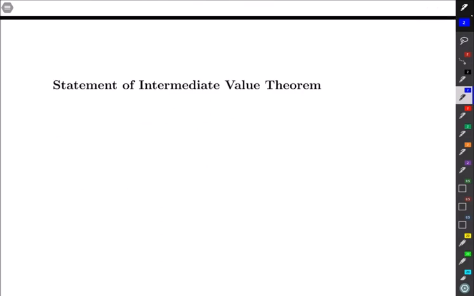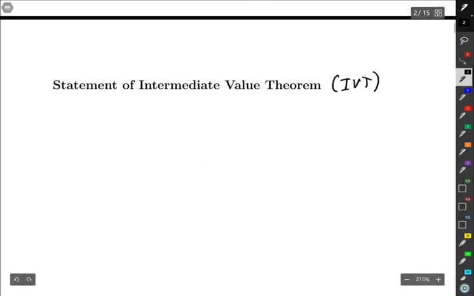So what is the IVT, intermediate value theorem, which I will abbreviate as IVT from here forward? So what is the statement?